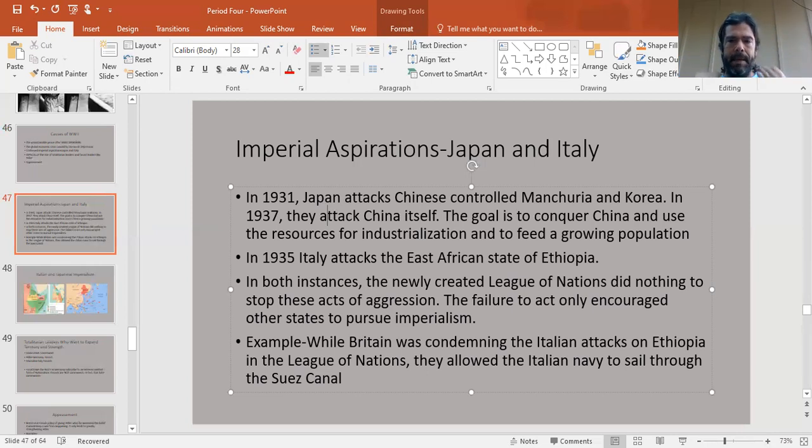Here's the big problem that's associated with the imperial aspirations of these places. If only there had been an international organization designed to keep peace created after World War I. Oh, wait, there was one. That was the League of Nations.